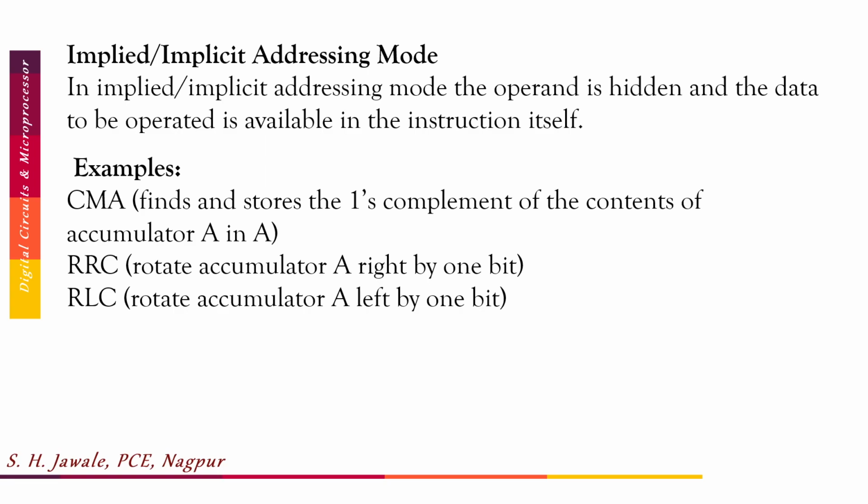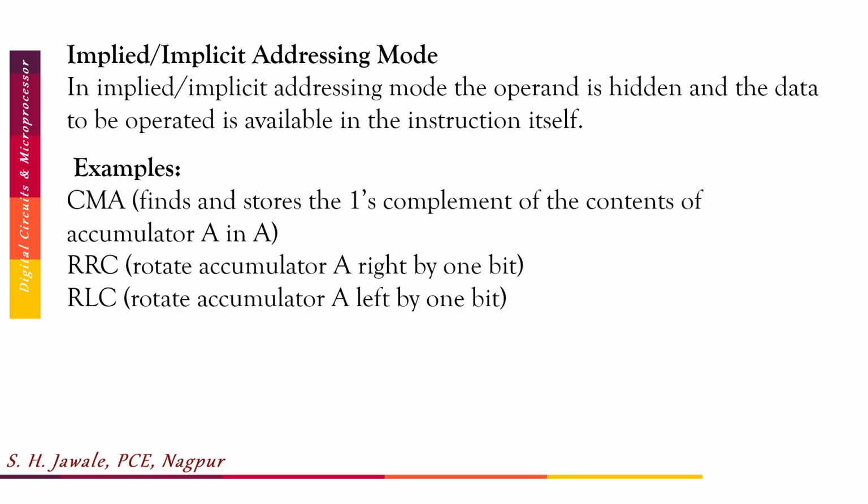In implicit or implied addressing mode, the operand is hidden and the data to be operated on is available in the instruction itself. It means in this implicit addressing mode, your source of data and the destination of result are fixed. For example, CMA.